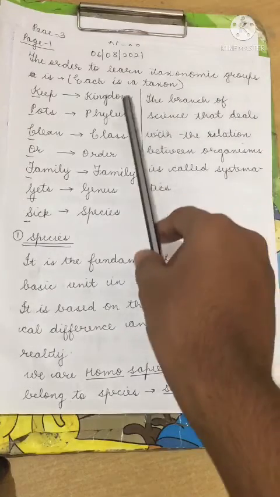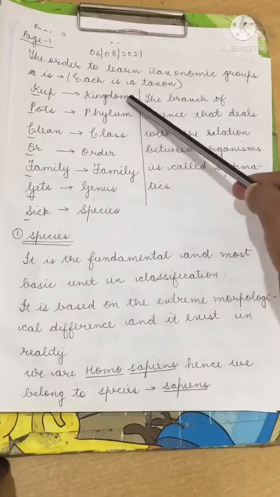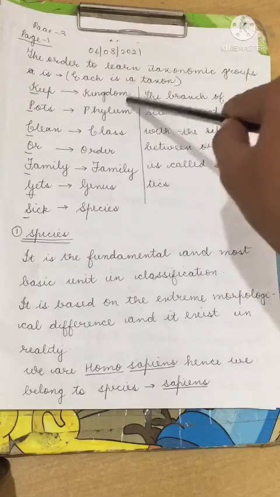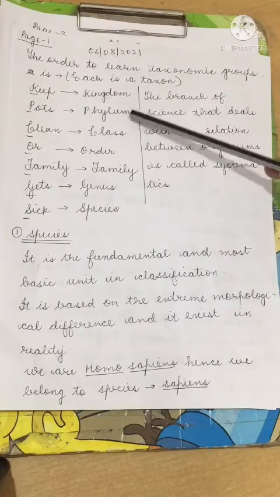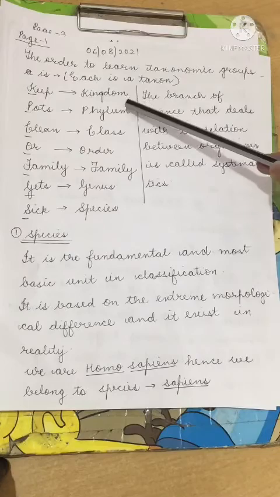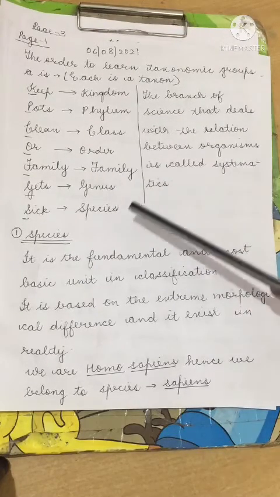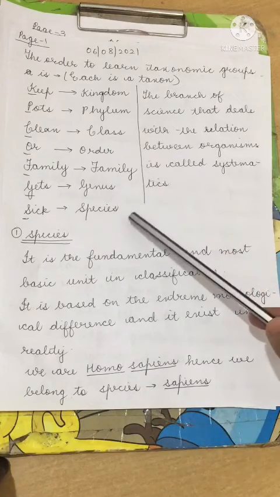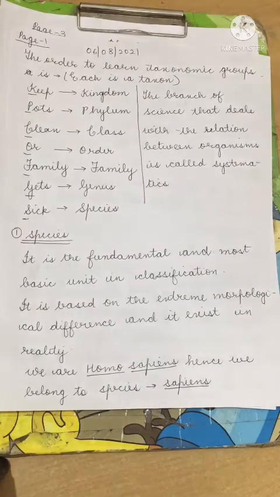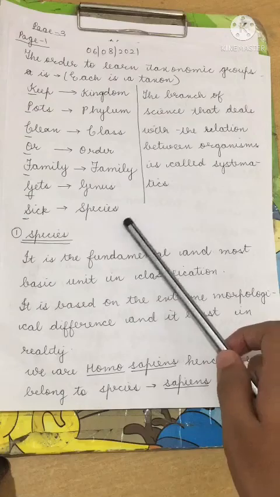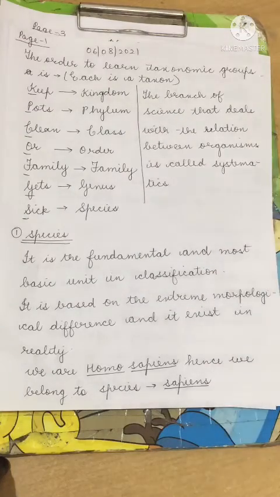Remember, this group constitutes the most or least number of characteristics of any organism, and this group contains the highest number of characteristics which help in distinguishing it from other organisms. So we start our topic from over here and then we'll move till the end.